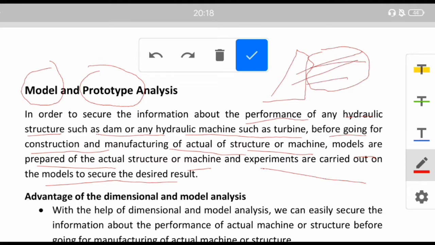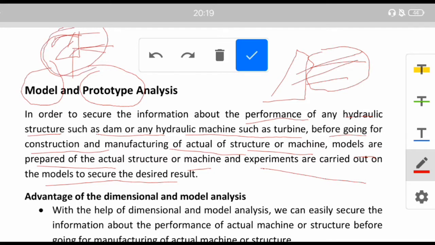Suppose I am going to make a dam. I will first make a model of it and analyze this model regarding various factors, like what can affect a dam, that is the discharge or flow of water, the forces acting on the dam, and the moment due to overturning or sliding.